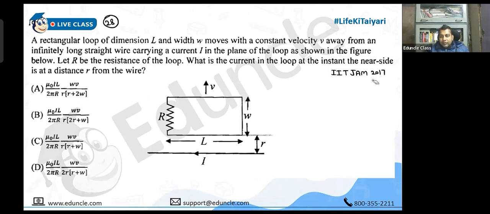Let me give you the hint. This one is based on electromagnetic induction. And one more thing, this is a question of varying magnetic field, because the magnetic field acting on this is only due to this wire, and it depends upon the distance of the point from the wire.